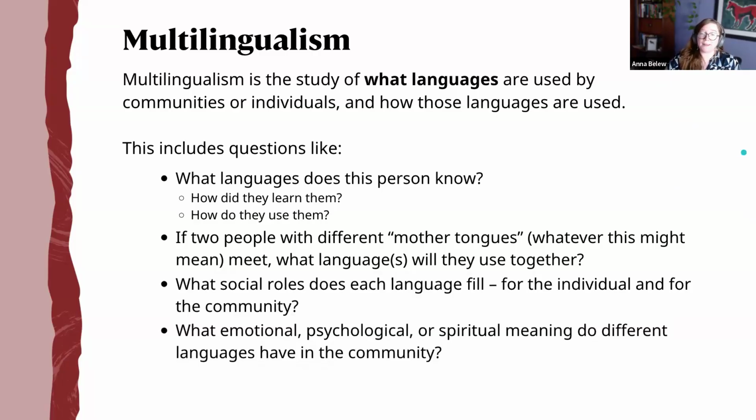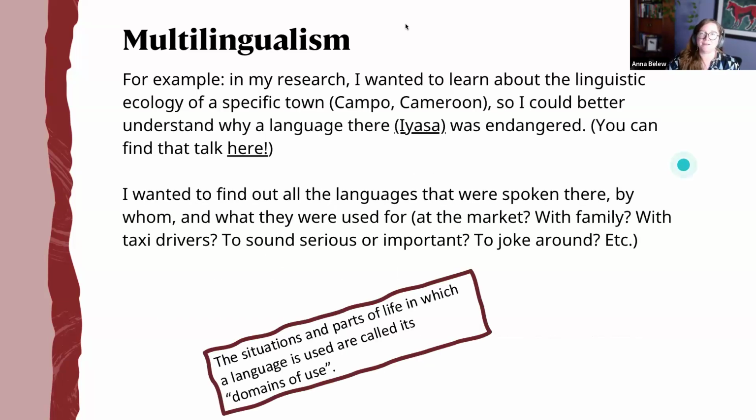And finally, what emotional or psychological or spiritual or other kinds of meanings do different languages have in a given community? In multilingual communities, languages often have different meanings attached to them, not baggage, but different meanings in a lot of cases. So how do we look at what that meaning is for each of those languages?